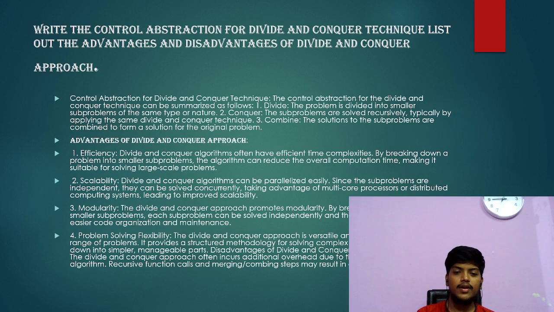Modularity: the divide and conquer approach promotes modularity; breaking down a problem into smaller subproblems that can be solved independently and then combined allows for easier code organization and maintenance. The divide and conquer approach is versatile and can be applied to a wide range of problems. It provides a structured methodology for solving complex problems by breaking them down into smaller, manageable parts.